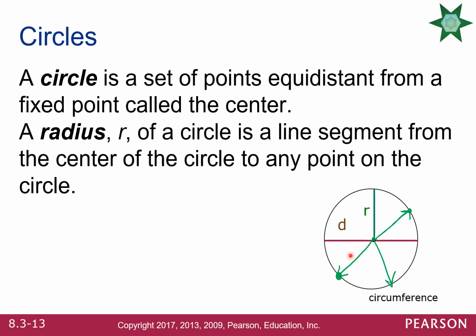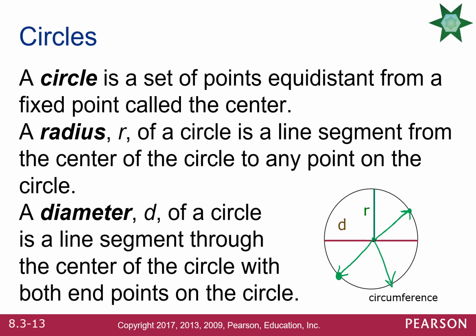That defines the property of the circle. And the line that runs from one end of the circle to the other end, passing through the center point, is called the diameter.